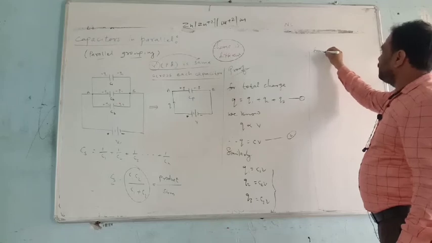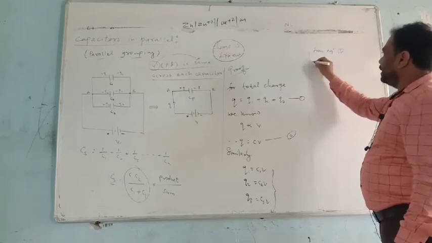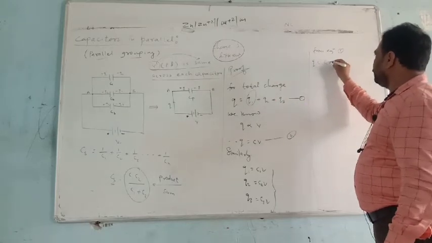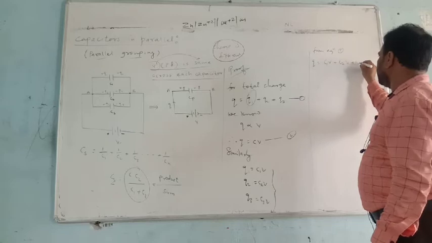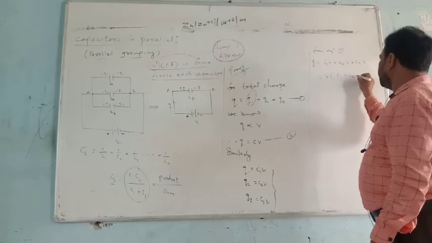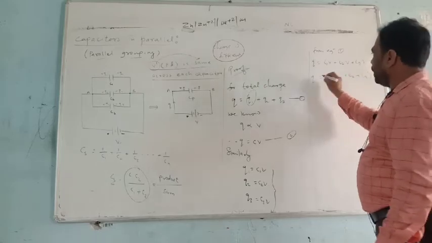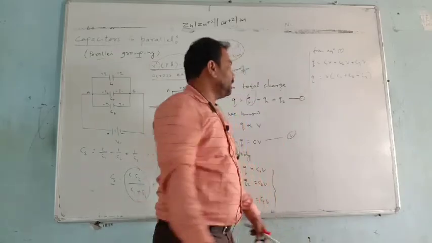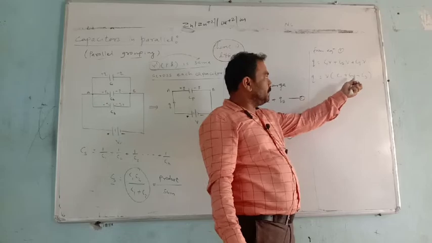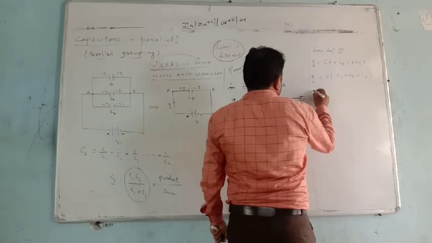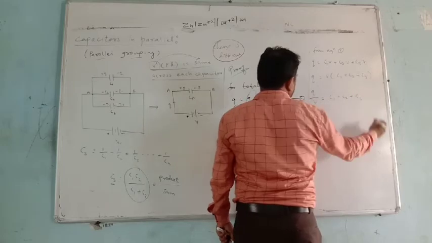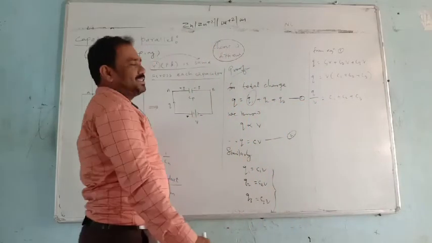From equation 1 we can write Q is equal to, instead of Q1 we write C1 into V plus C2 into V plus C3 into V. V is common here, and the remaining terms are C1, C2 plus C3. So we can write Q by V is exactly equal to C1 plus C2 plus C3.